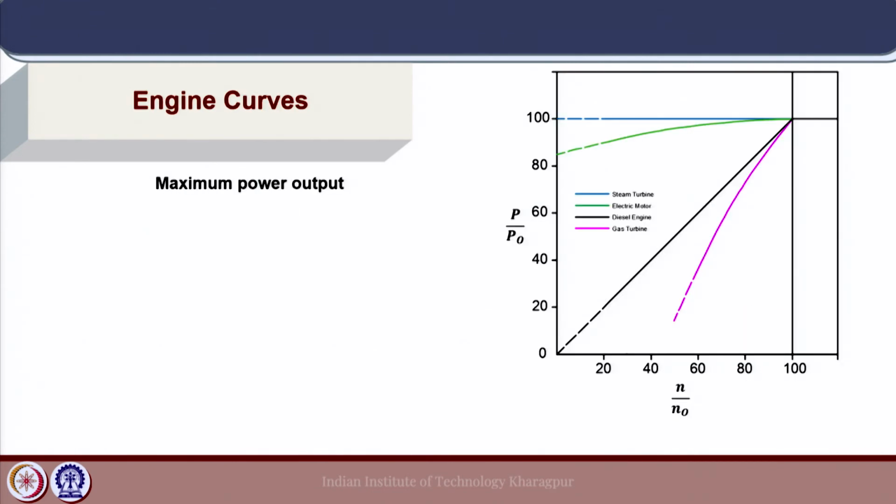Let us now look into the engine power curves. We have discussed different kinds of engines, some of them will be covered here. For steam turbines, the power is almost constant, the maximum power, even if the engine speed is changed.